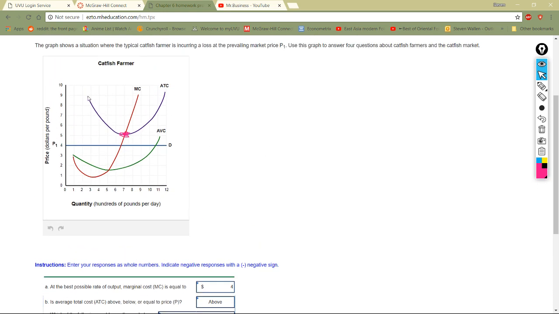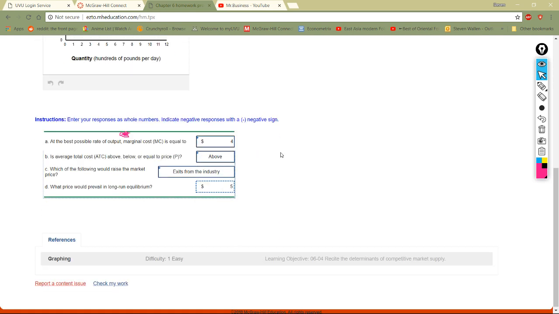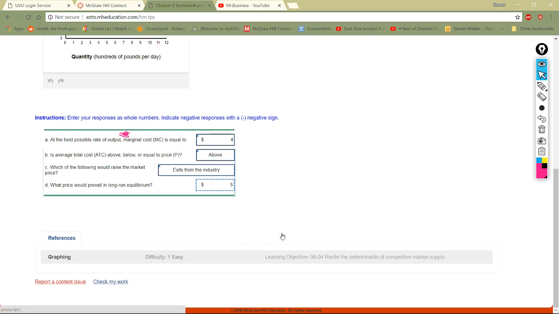Therefore, the most efficient production is the lowest point of average total cost, which is 5, and no one's going to want to be in the market unless they can at least sell at that price. So in the long run, that's where it's going to end up going. Enough people will leave the market, so then it shifts price up to meet where this minimum ATC is at. And let's check it and see what we got.